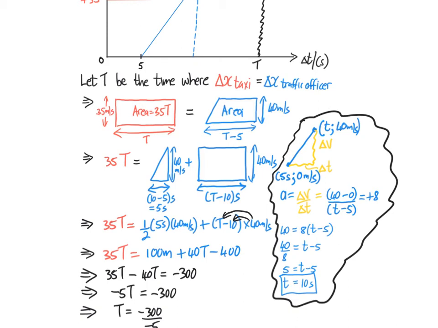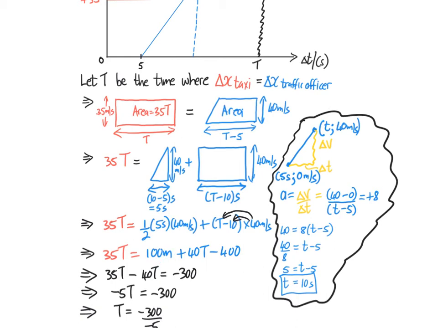Now that's important, because now we can work out that the base of the triangle is 10 minus 5, which is 5 seconds. So the area there is a half the base, which is 5 seconds, times the height, which is 40 meters per second. That gives us that the change in position from 5 to 10 seconds is 100 meters.